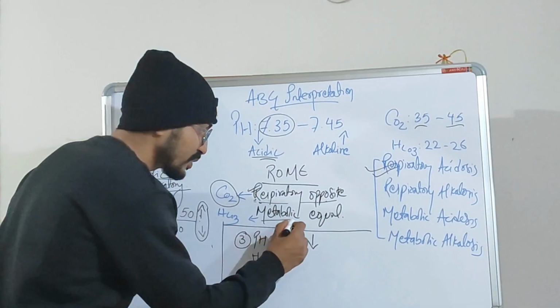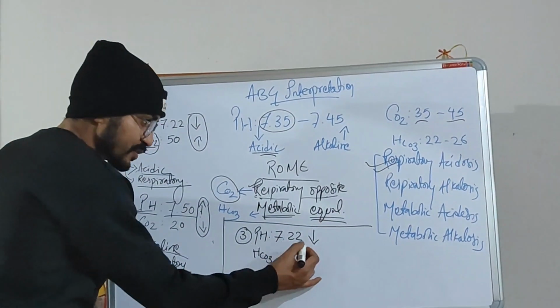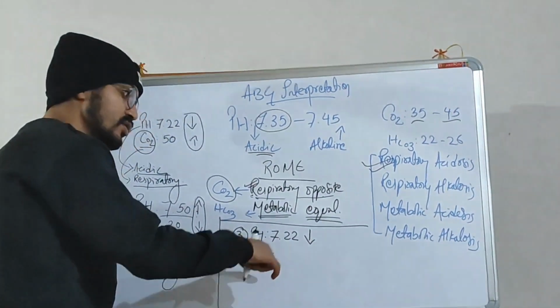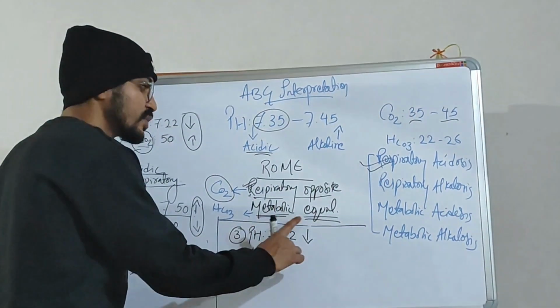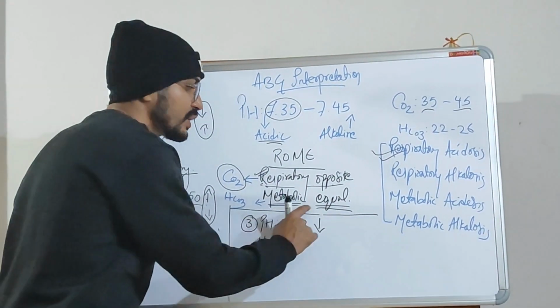To meet the formula of ROME, which means metabolic is always equal, because your pH is moving downward, your bicarbonate also needs to go downward.